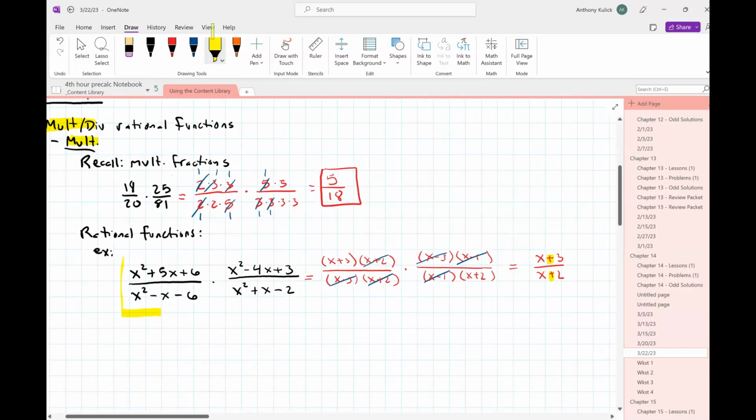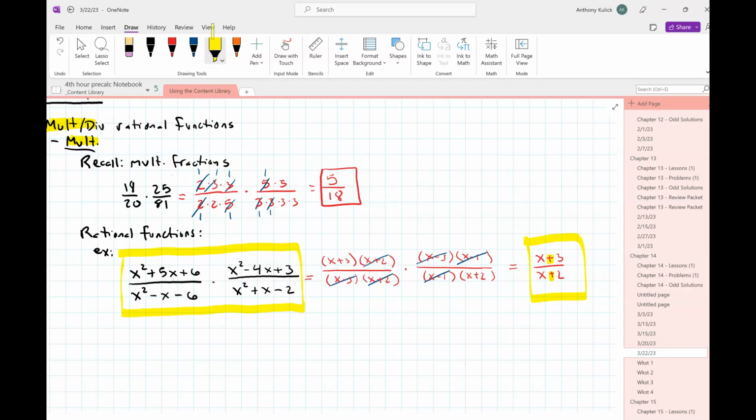Here's the deal. If these two things are equal, what we started with and what we ended with, I should be able to pick any value of x, say 3, plug it into the start and plug it into the end, and I should get the same number to come out, right? Everybody agree with that?